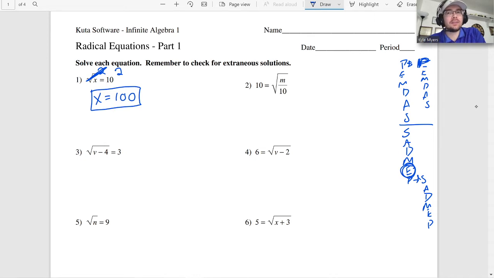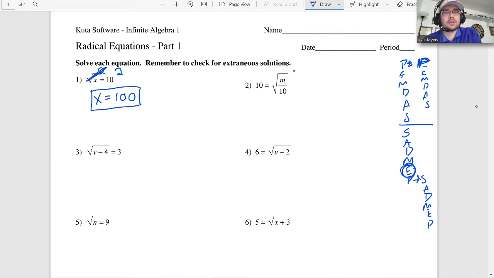Not if you square both sides. I know it's kind of nuanced, but if you square both sides, you don't do plus or minus. If you square root both sides, then you do a plus or minus. So if you were asking, then that's the answer to that.